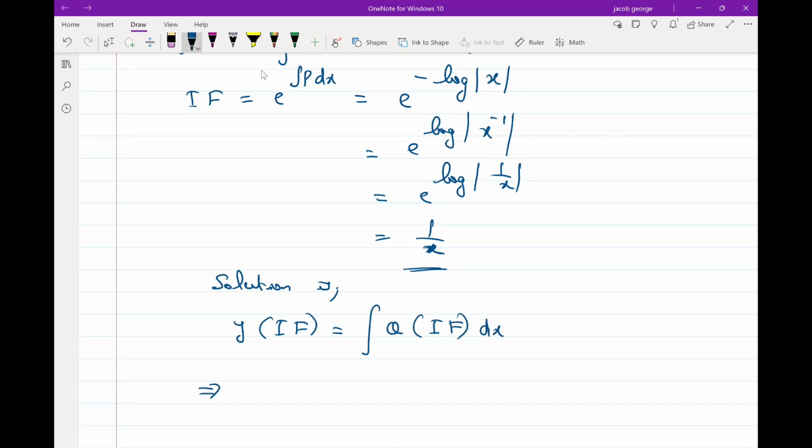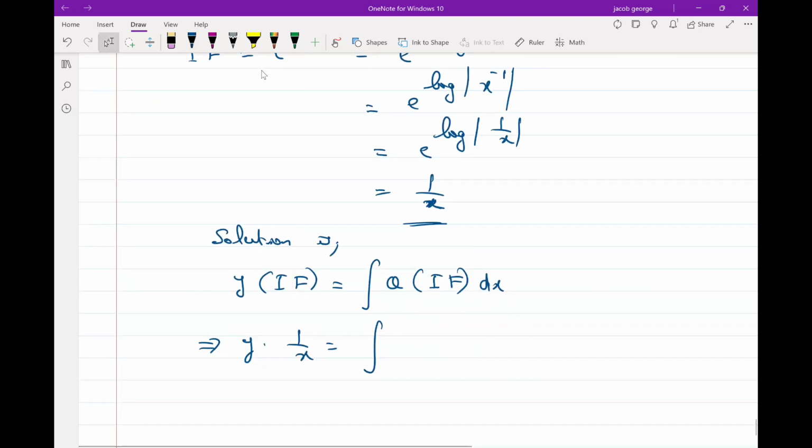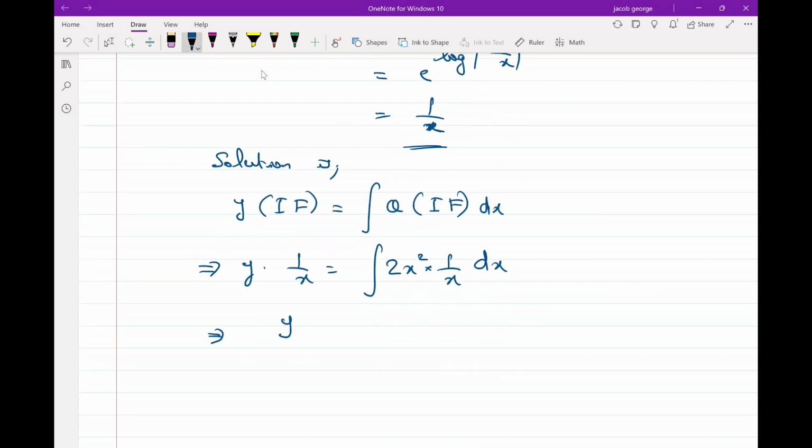That is y into 1 by x equal to integral q into, what is q? 2x square. So 2x square into 1 by x dx, which means y by x equal to 2 can be taken outside, x square and x will go, x dx. Again, a basic integral.